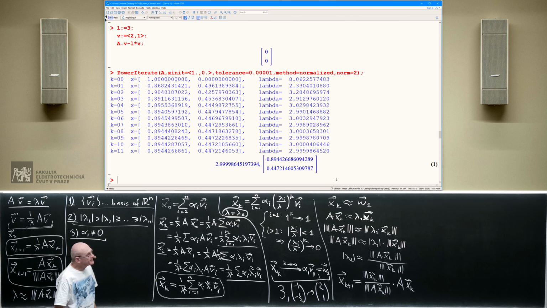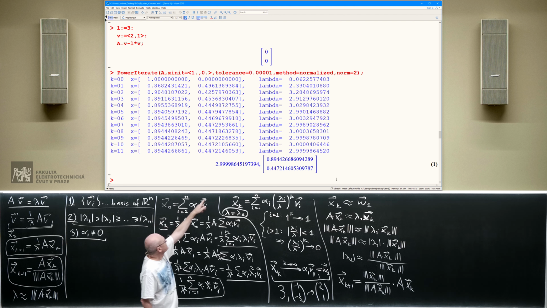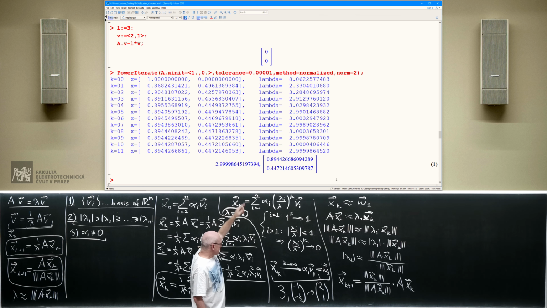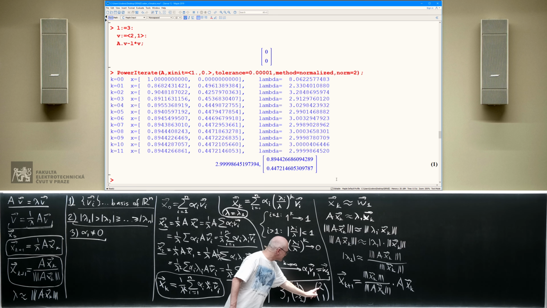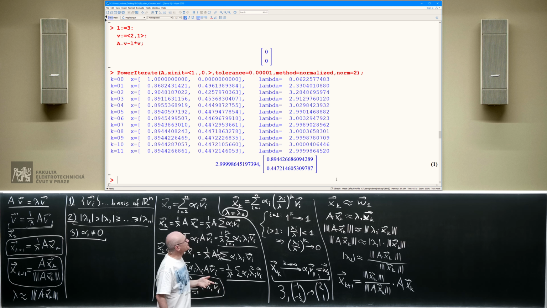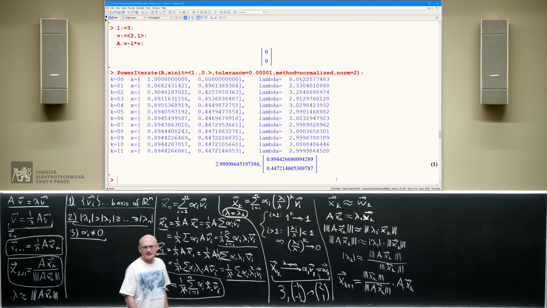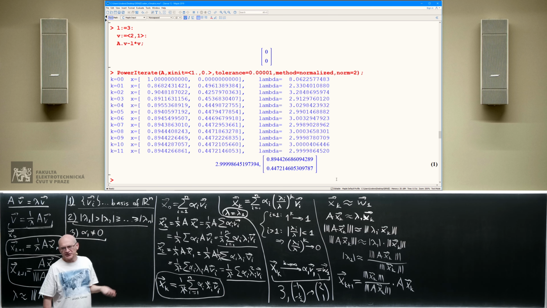And I get another run, which again gives me 3, and this is the disadvantage. There is a vector here now, which hopefully is parallel to vector 2, 1, shows in the same direction. Is that true? Is the first coordinate double the second one? I would say yes. Yeah, so it seems to work. But it's, let's say, less convenient for interpretation.